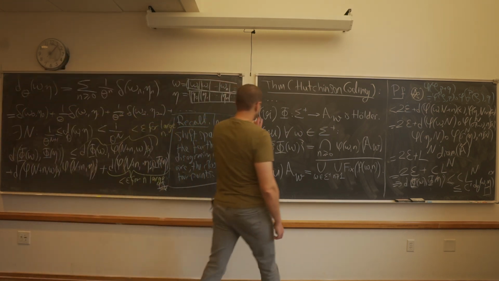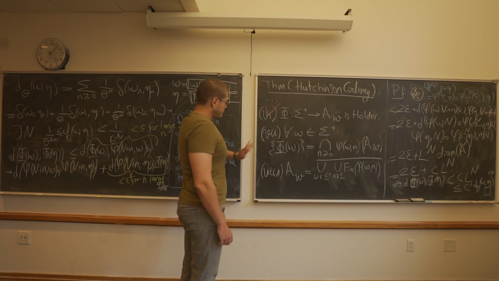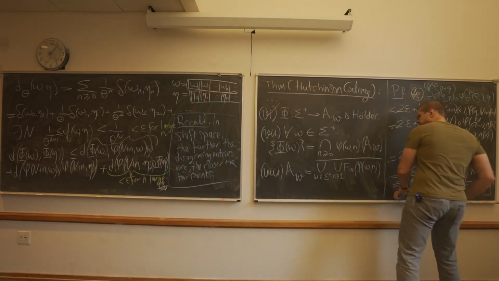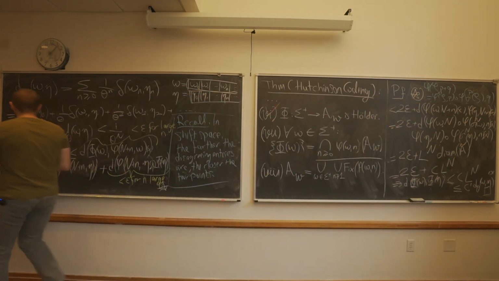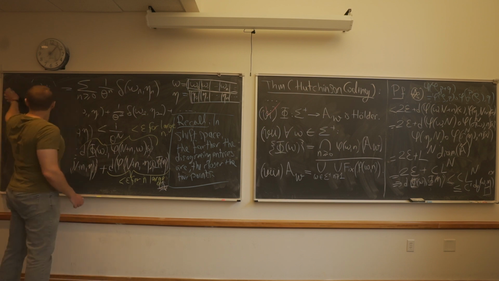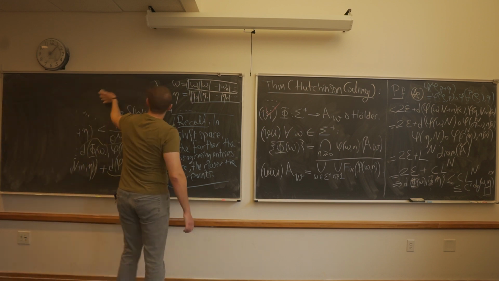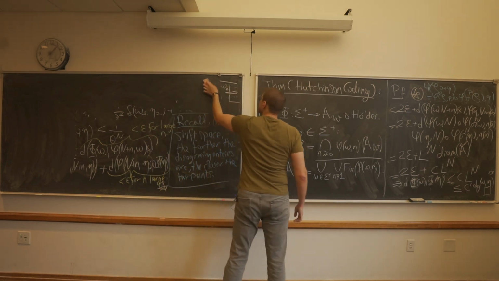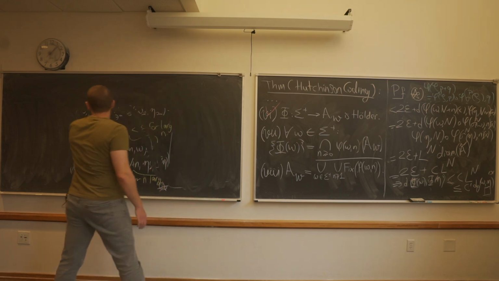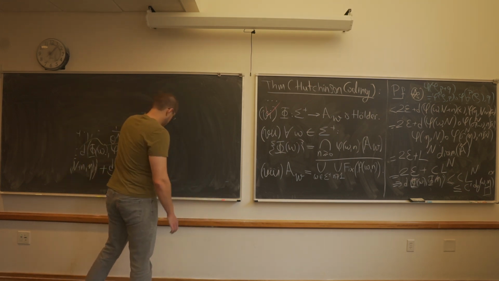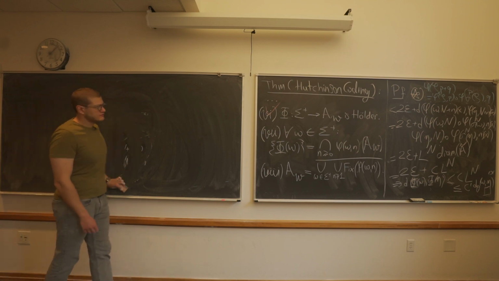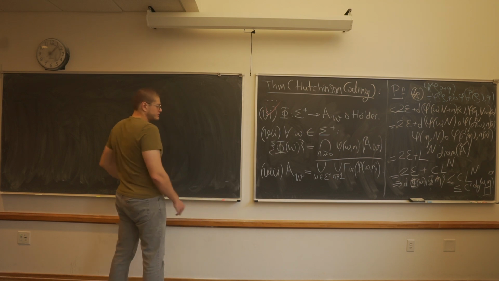So we have that. How about 5, 6, 7? Now for 7, we need to understand this intersection on the right-hand side.